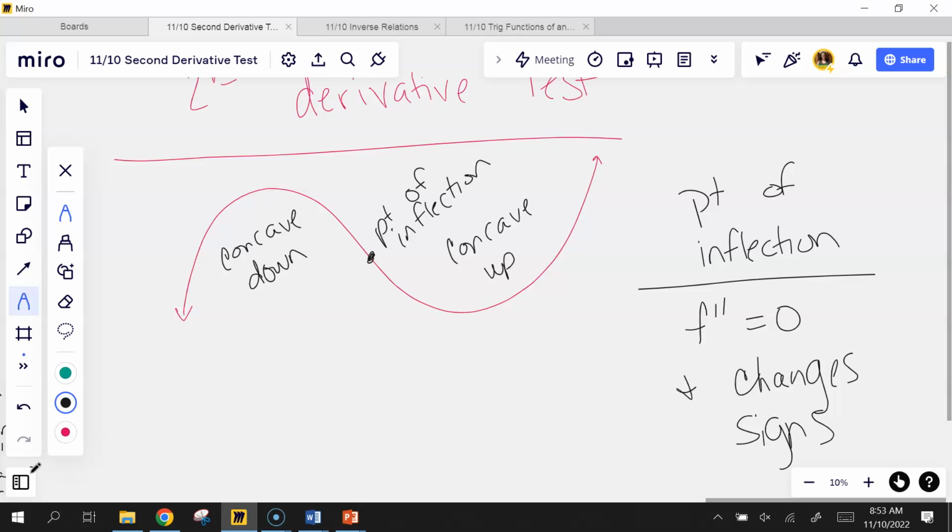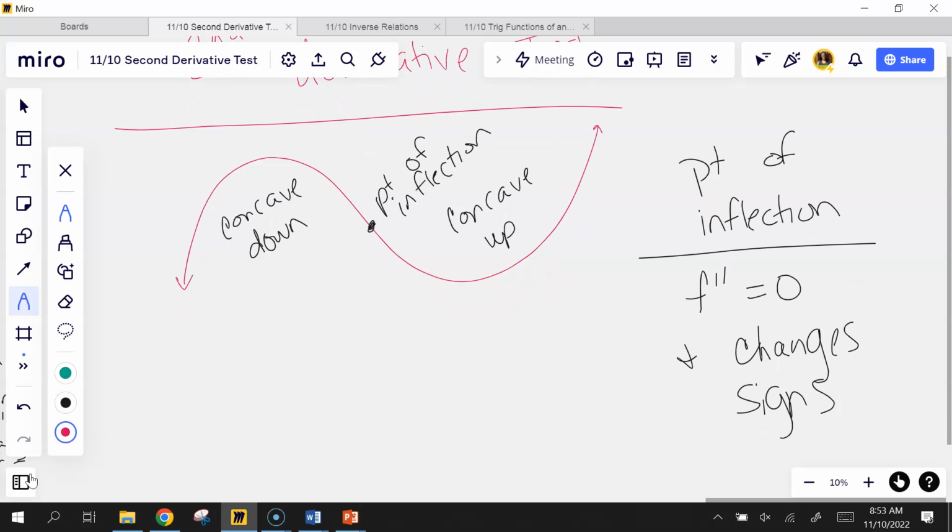That's how I know my concavity is changing. So if the second derivative is positive, I'm concave up, and if the second derivative is negative, then I'm concave down, okay?